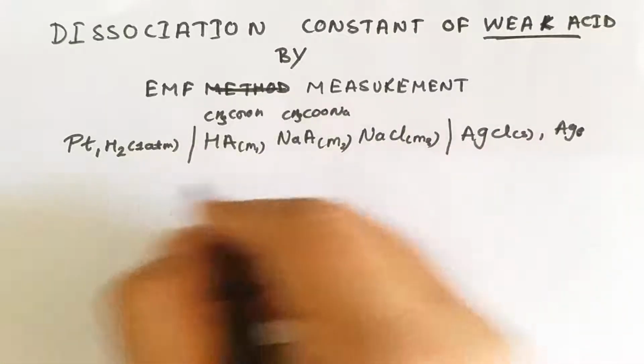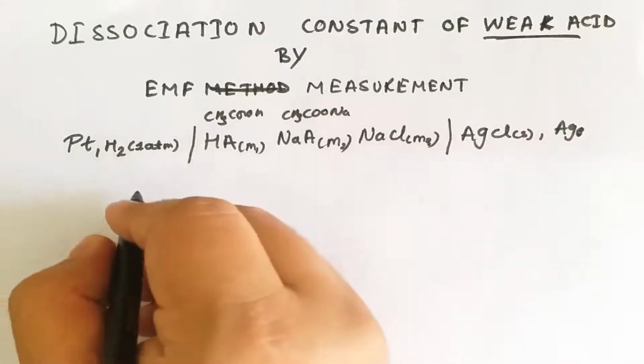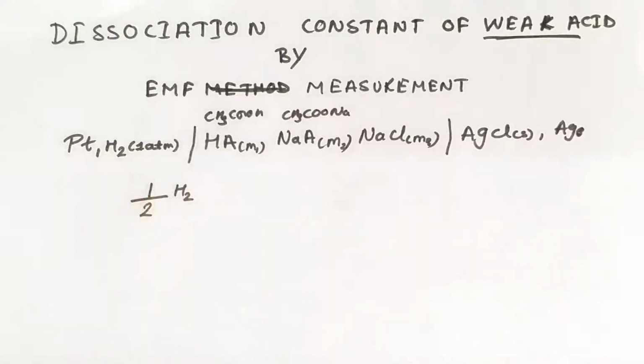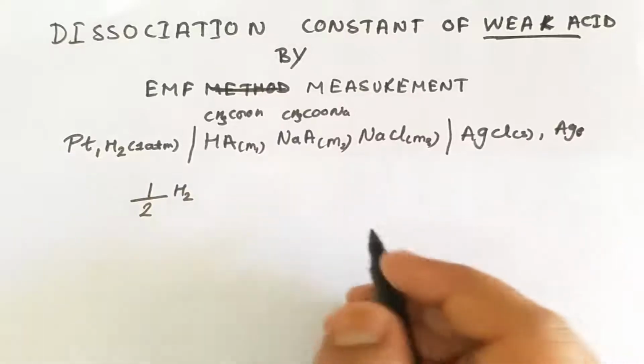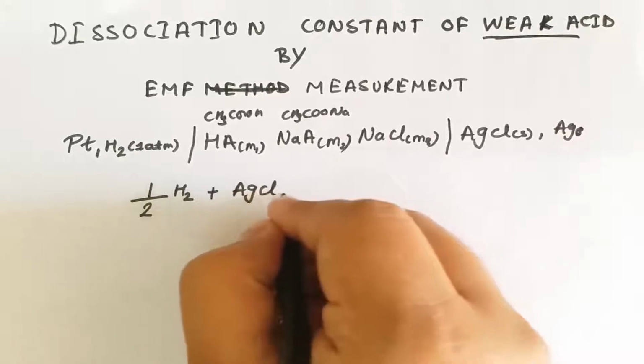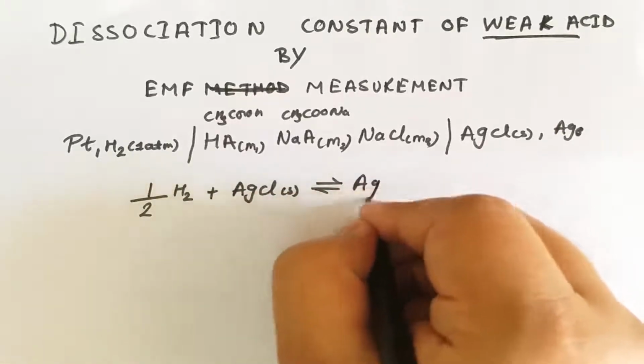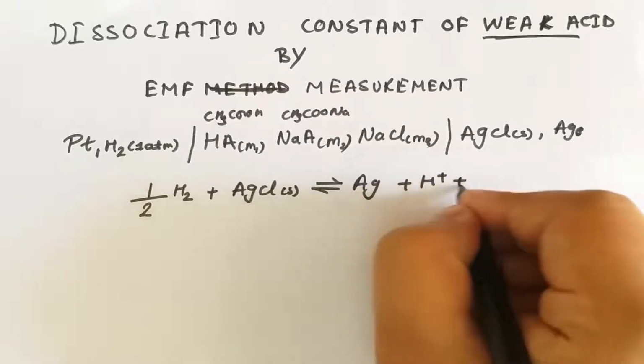Now the chemical reaction which is occurring for the passage of 1 Faraday: on the anode we know oxidation takes place and on the cathode reduction will take place, and the net reaction I can write as AgCl solid gives silver plus H plus plus Cl minus.